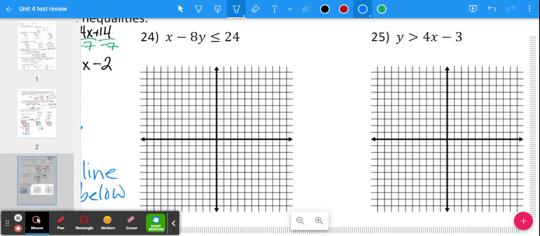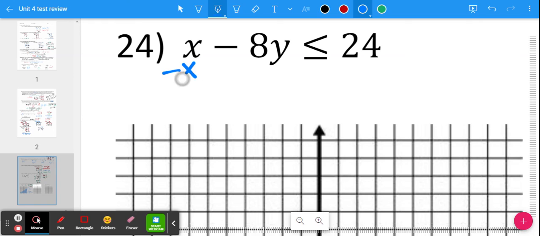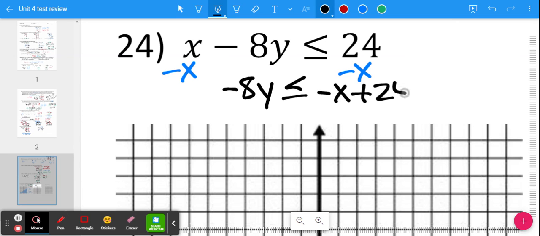Next one, we need to get it into slope-intercept form first. So we have to subtract the x from both sides, which leaves us with -8y is less than or equal to -x and a +24. Next step is we want to divide by y's coefficient of -8.